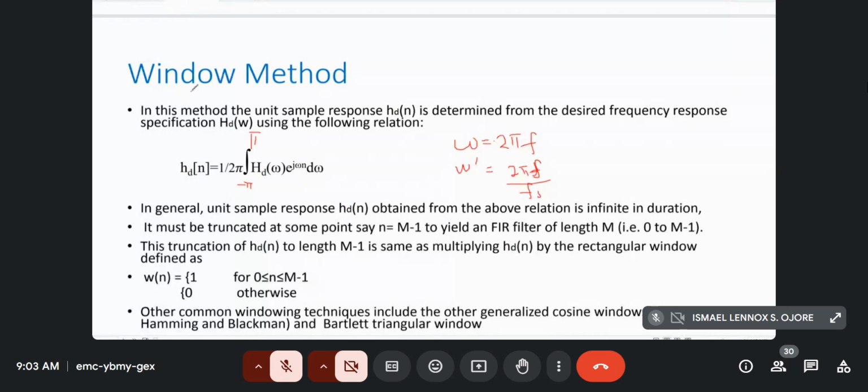So it might sometimes not be intuitive if you are seeing an omega, because what is the unit of this omega?